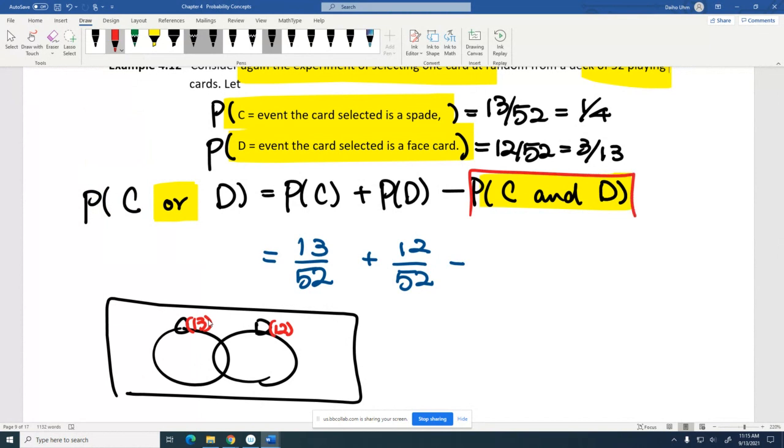You know, actually the C and D, it must be in the middle, right? So how many cards in the middle? It's actually the spade and face card. Spade 13 and face card J, Q, K of the spade, yeah, and in the middle there's a 3.